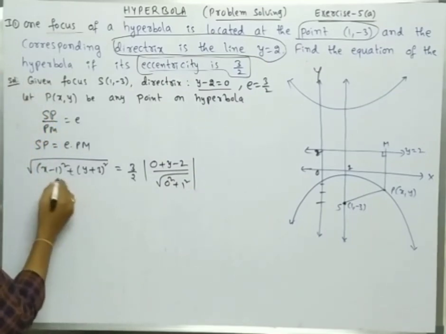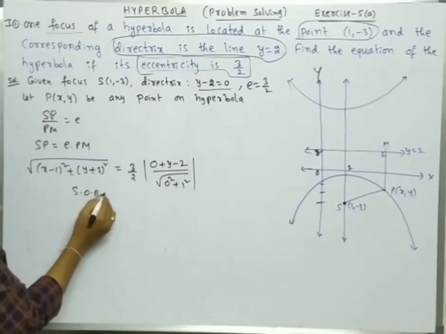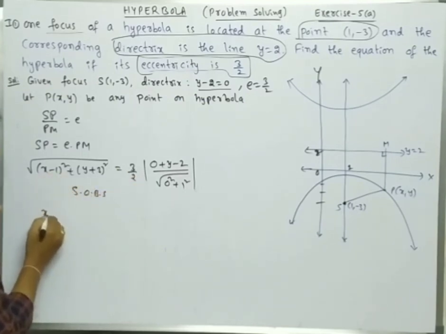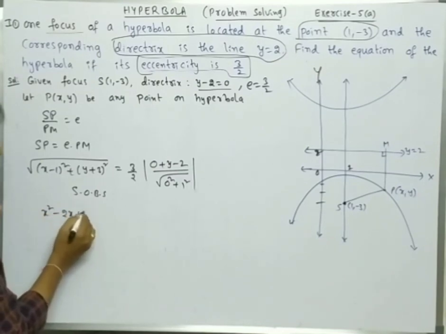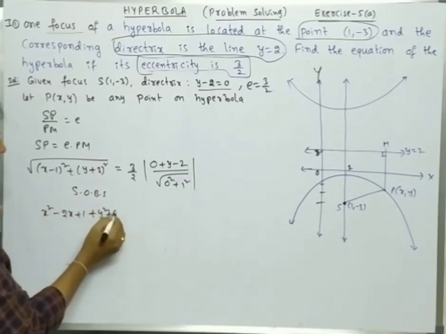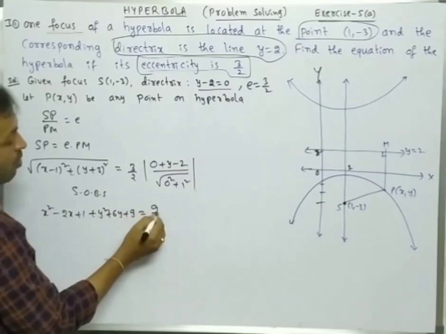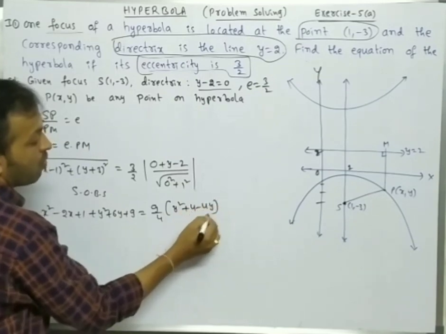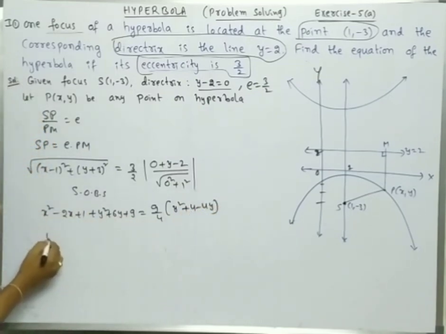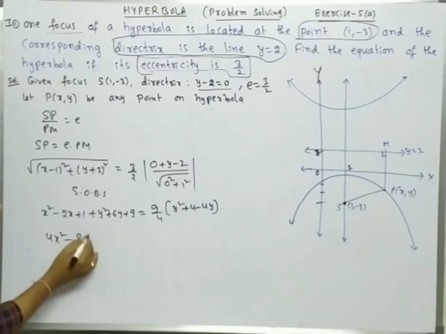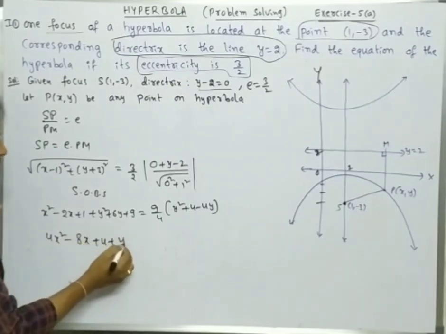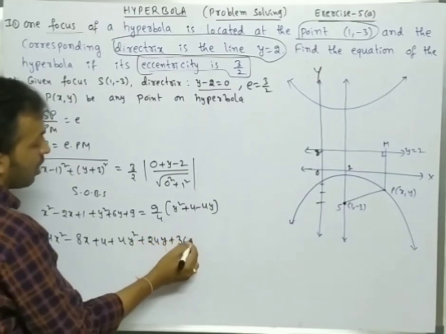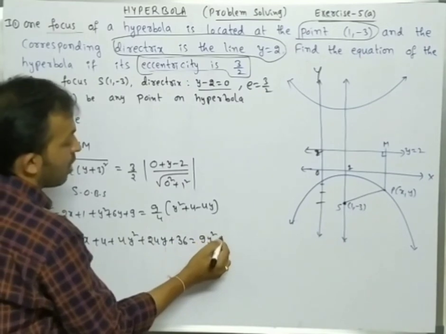Now squaring on both sides, (3/2) whole square means 9/4, right? So expand this: x square - 2x + 1 + y square + 6y + 9 = 9/4 times (y - 2) whole square, that is y square + 4 - 4y. So do cross multiplication: 4x square - 8x + 4 + 4y square + 24y + 36 = 9y square + 36 - 36y.